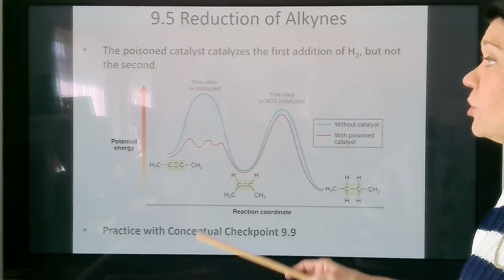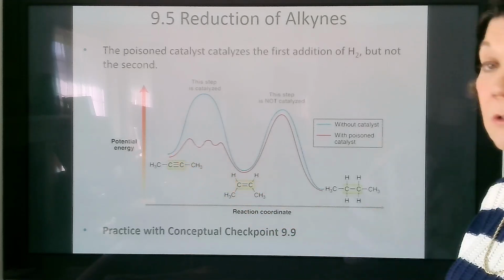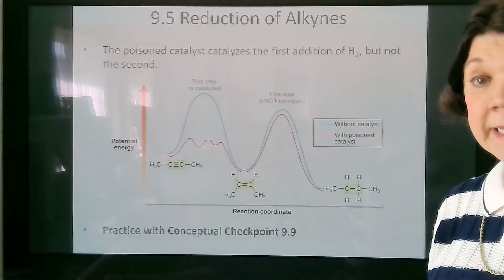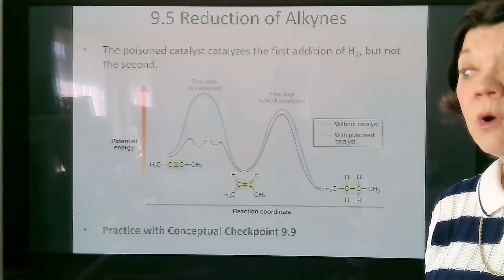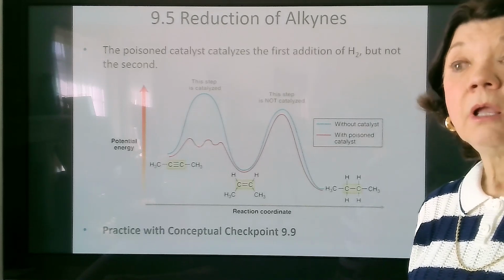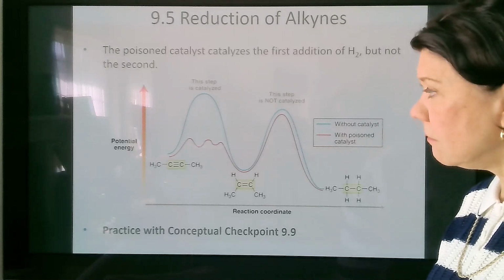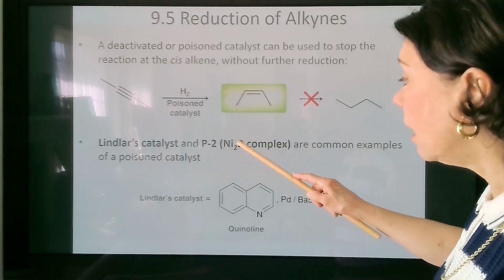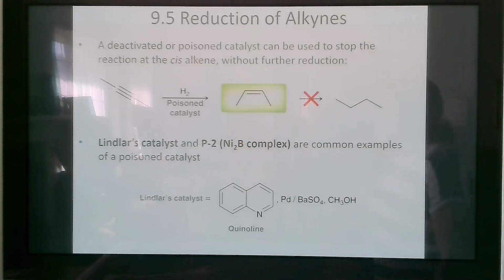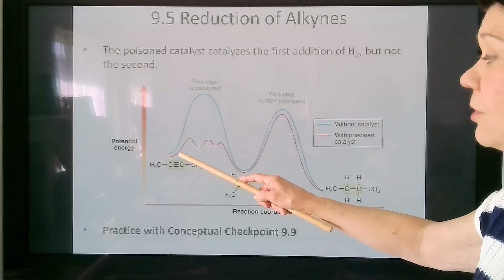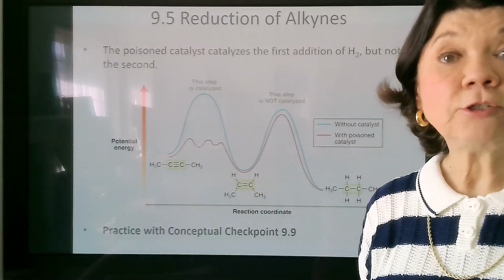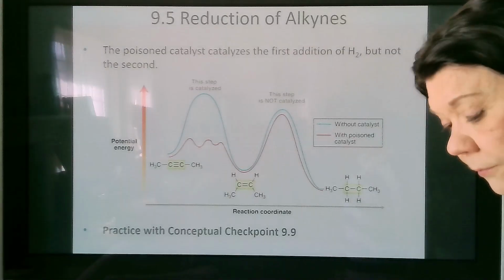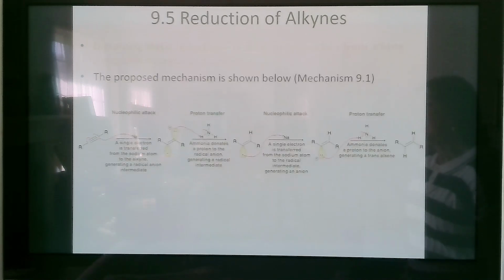You'll just have to remember that the poisoned catalyst stops at the alkene. Also, those examples I gave you contain a metal atom, palladium here, or nickel, that your reactant, the alkyne, and the H2 can complex with. And so you get the syn addition. That's the way to remember it. It's from the mechanism.